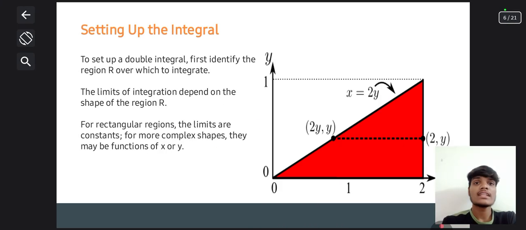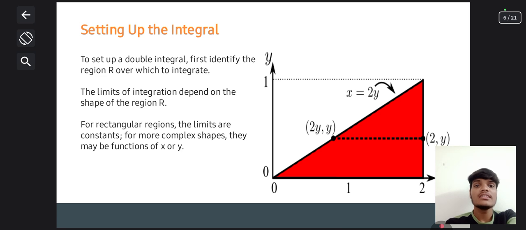Then we go to another slide, setting up the integrals. To set up a double integral, first identify the region R over which to integrate. Next, the limits of integration depend on the shape of the region.